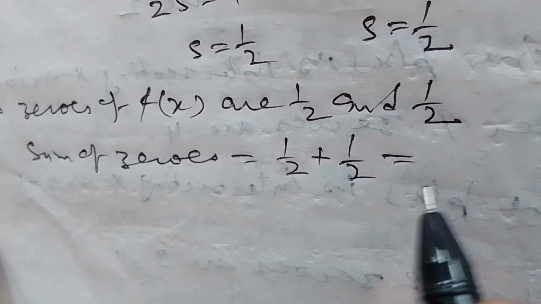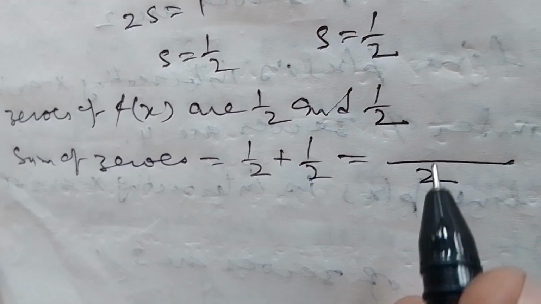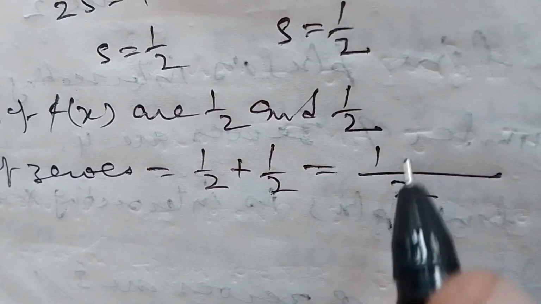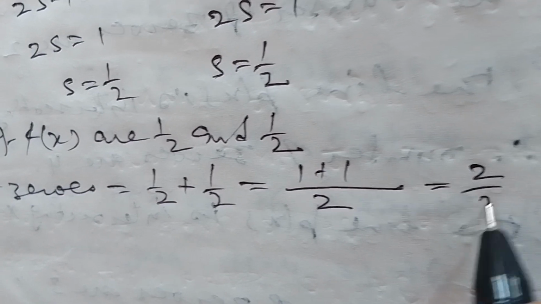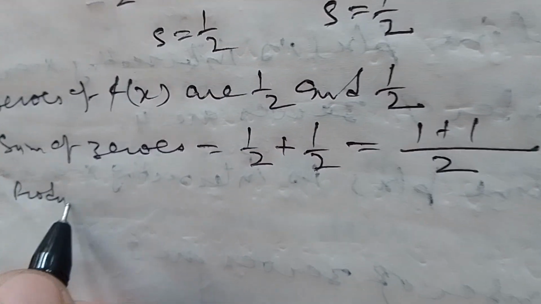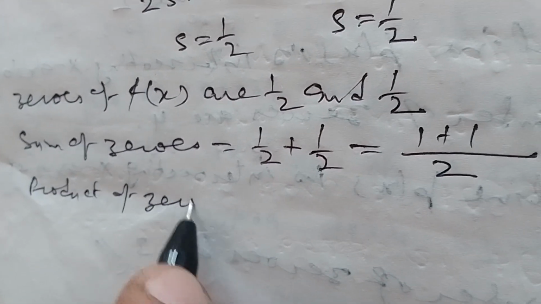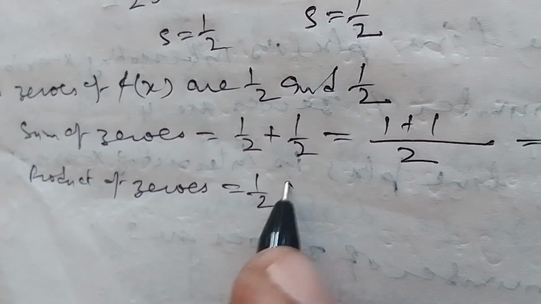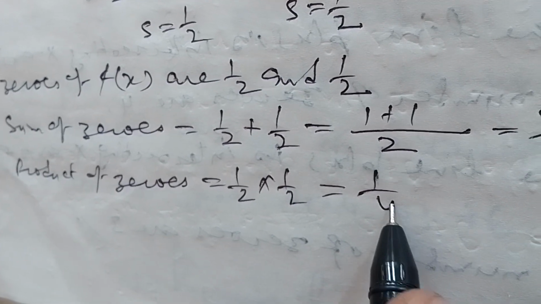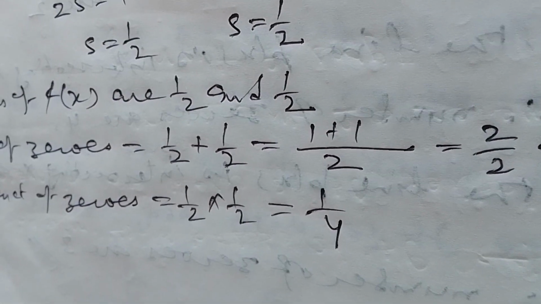Taking LCM as 2, 1 plus 1 becomes 2 by 2, which is equal to 1. And now the product of zeros, that is half multiplied by half, comes out to be 1 by 4. So this is the answer of the second part of the question.